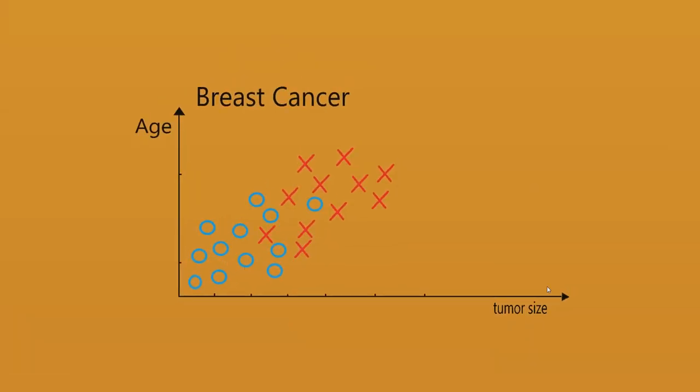So if we model it like this, we have the tumor size and the age, this is the set of the non-malignant tumors, and this is the malignant tumors. So you can roughly separate the data using a line like this.